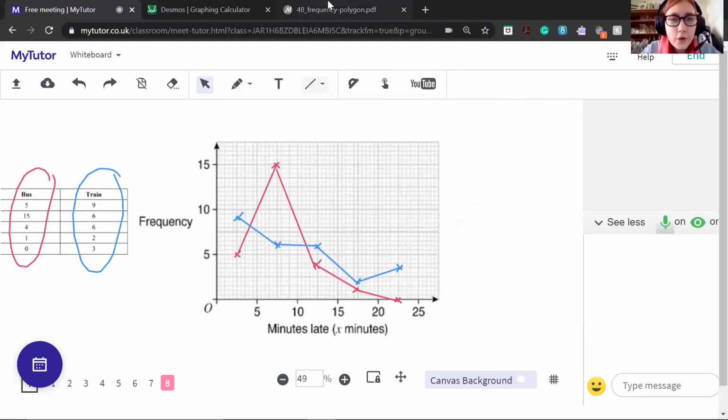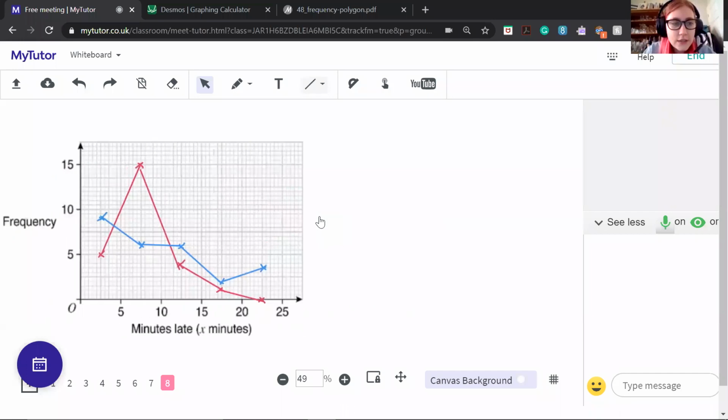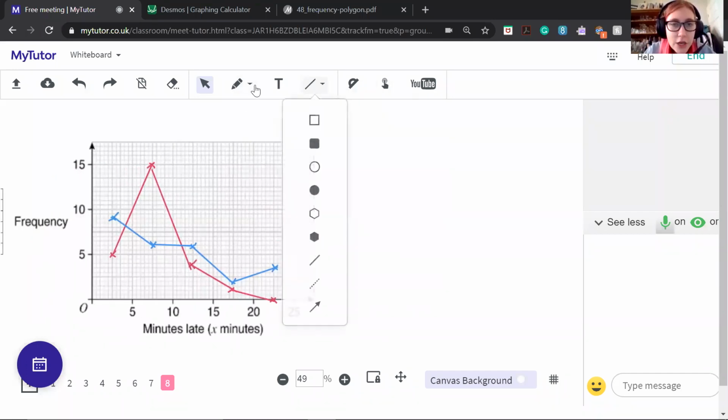And then what the question asked us was to use these to compare the lateness of the buses and trains. So whenever we do a comparison question, we have a look at how many marks they are. So this is 2 marks, so we're looking to make about 2 points. Just by looking at these lines, we can actually tell so much.